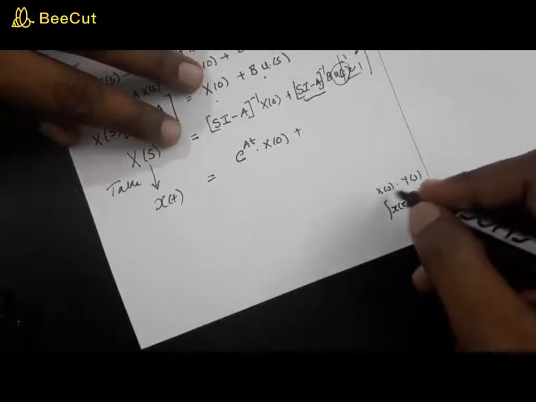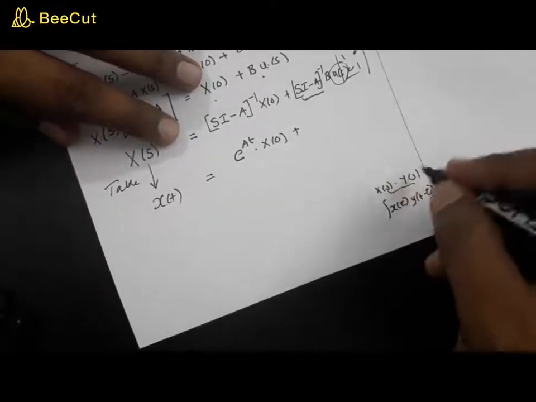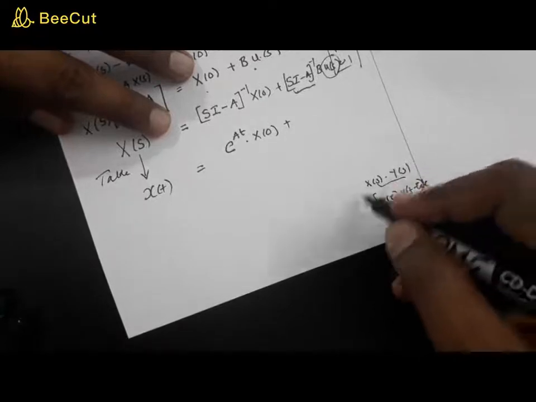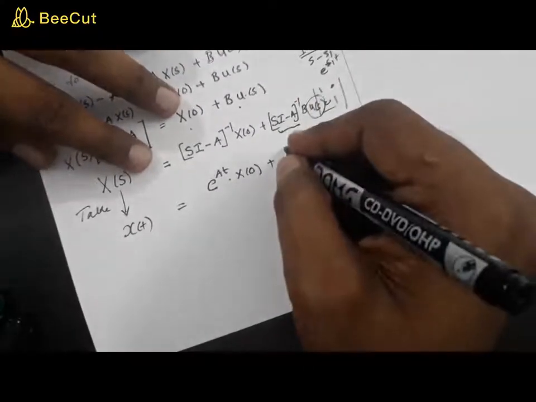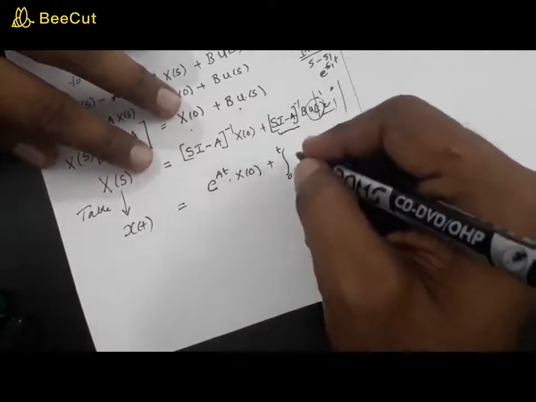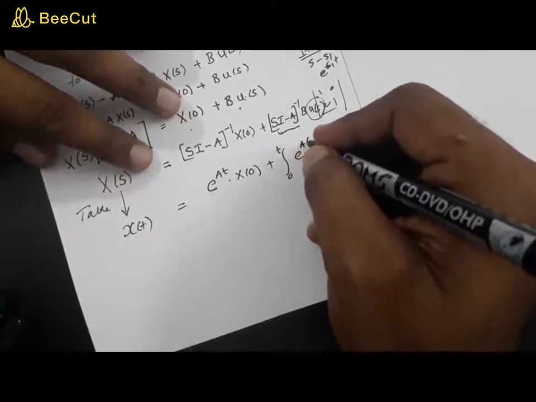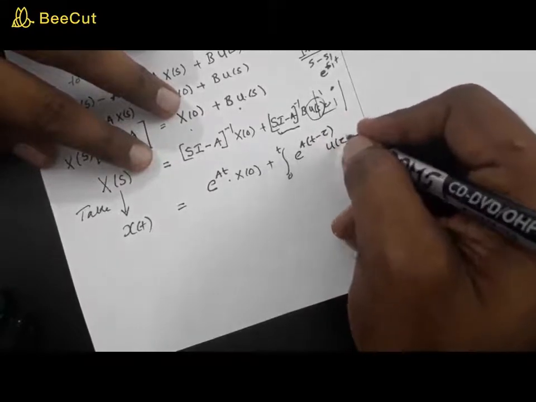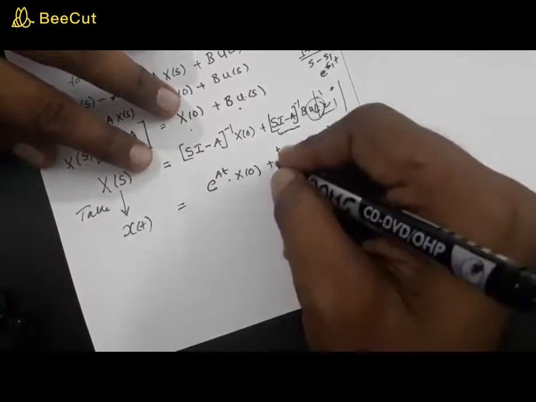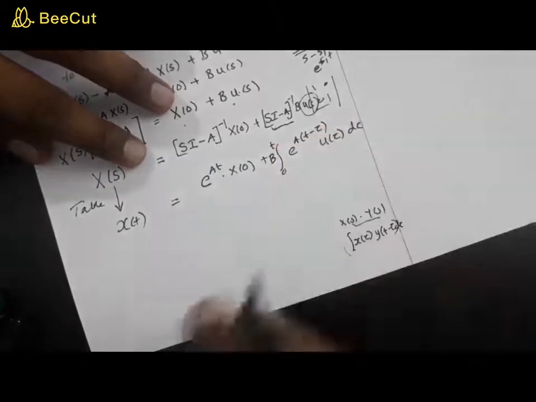So that means this is the convolution property of the Laplace transform. So when you apply the Laplace transform's convolution property, you will get this. Using that property, you will get this as the integral from 0 to t of e raised to a into t minus tau, into u of tau d tau, but with a b, right?